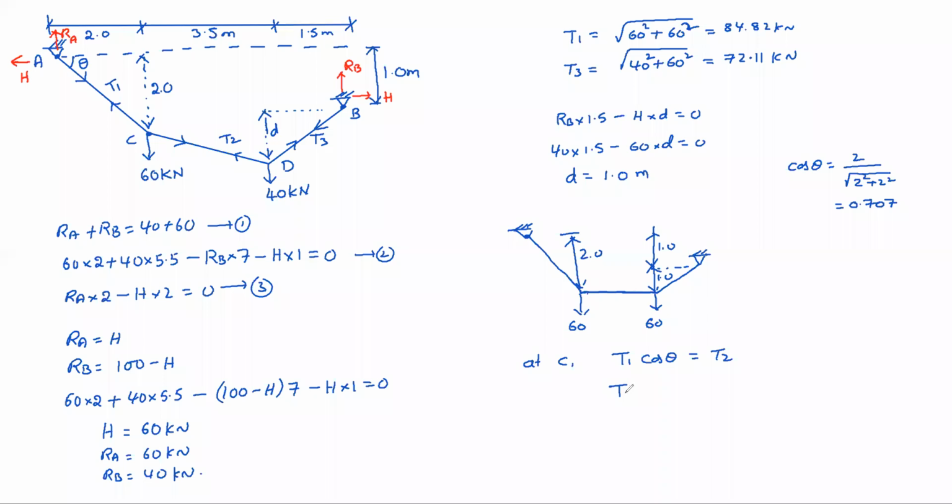Then T2 equal to T1, we know 84.85, into cos theta 0.707, which is equal to 59.97. So length also you can work out easily. So this is the way of solving problem if supports are at different levels.